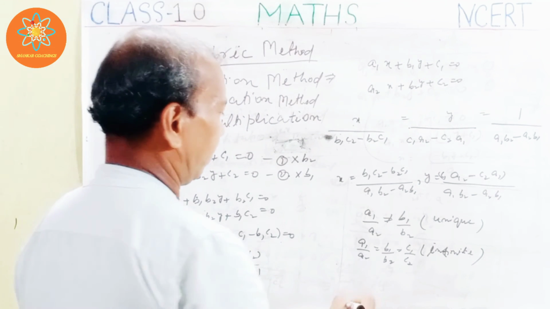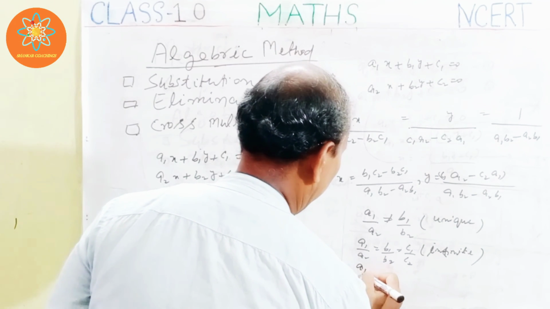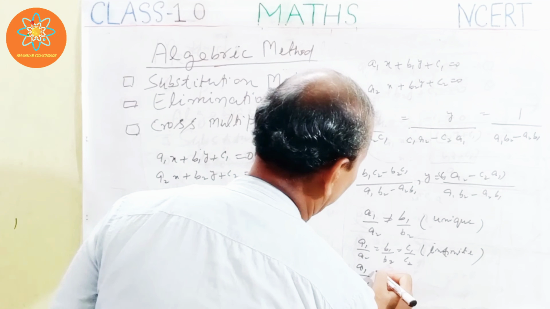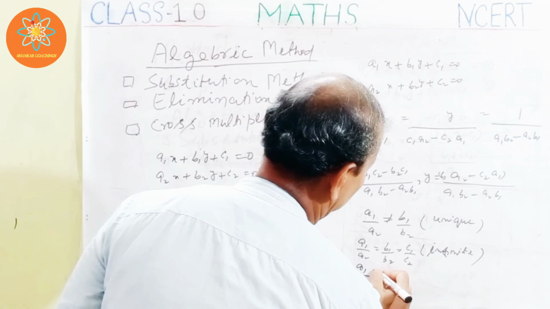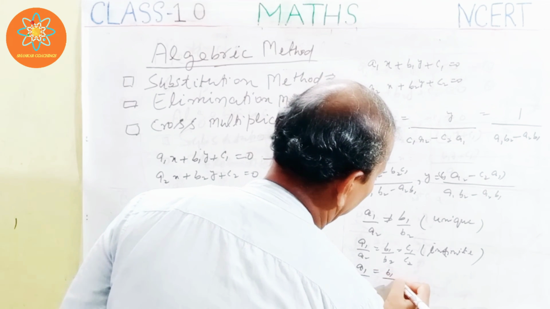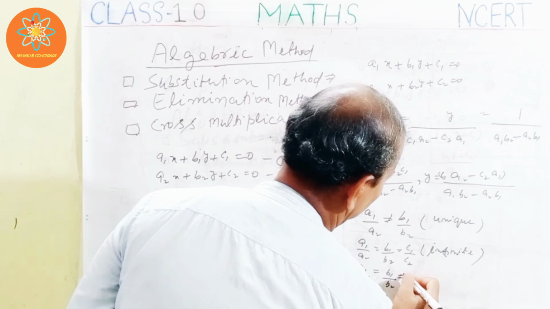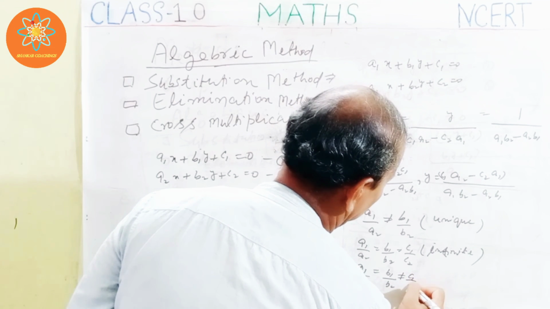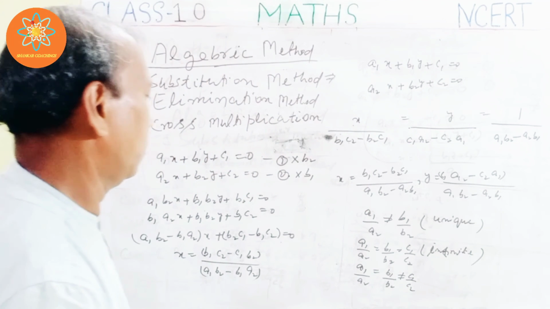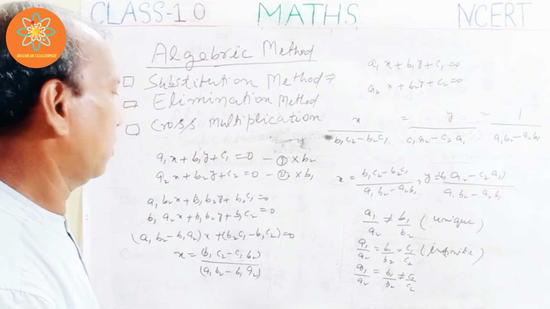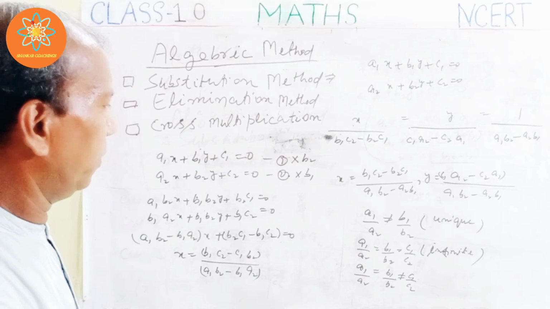And lastly, when a1 by a2 is equal to b1 by b2 is not equal to c1 by c2, in this case how many solutions will be there?